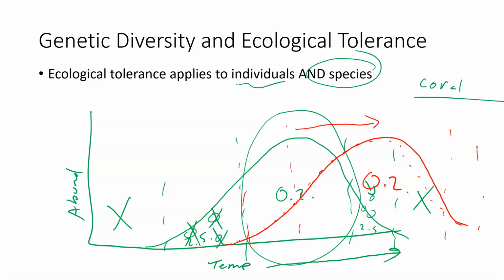If that change in temperature is slow enough, right, the species as a whole might be able to tolerate it because there's enough time for those corals that are able to survive in those higher temperature ranges to reproduce and increase the frequency of that particular gene that allows them to tolerate the higher temperature.